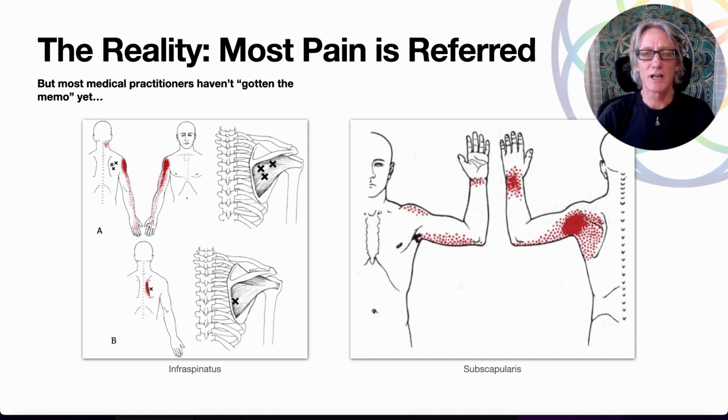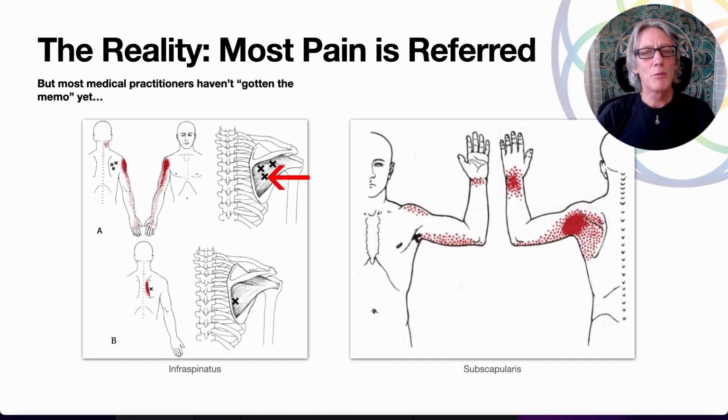And this was well documented by Drs. Travell and Simons. Here we have the infraspinatus muscle, which is a rotator cuff muscle, and it lives on the back of the shoulder blade right here. And where these X's are, that shows where there tends to be problems in this muscle when there's stagnation, or what we would call a trigger point, and I'll explain those in more detail in a minute.